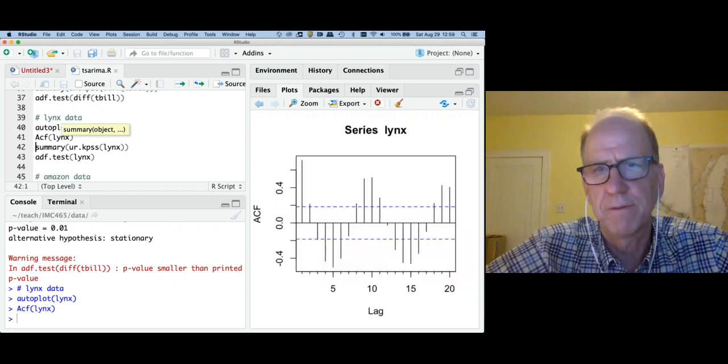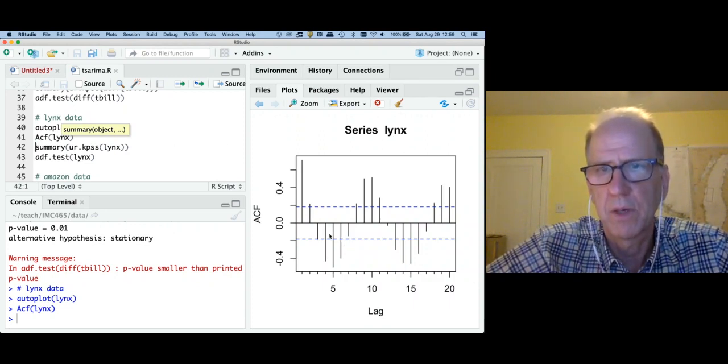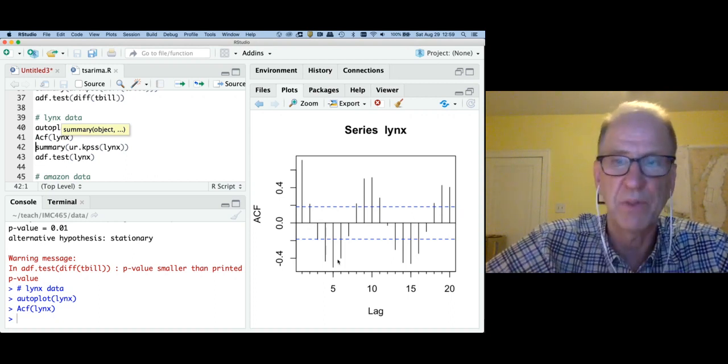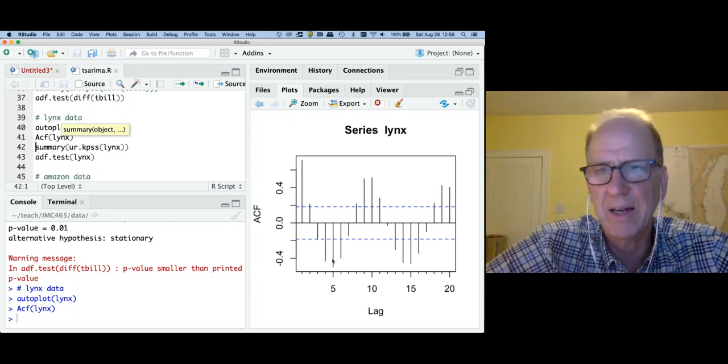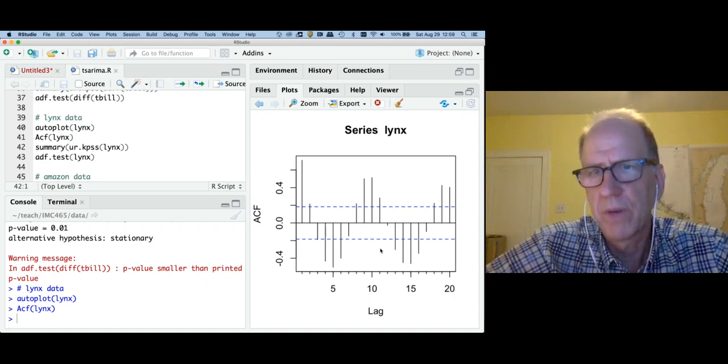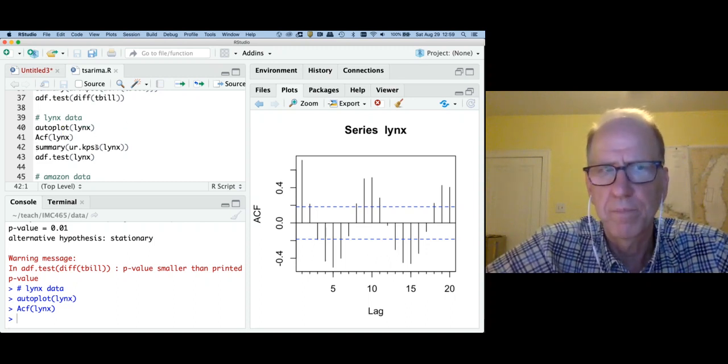We look at the ACF, we see a lot of significant autocorrelations. Initially, they're very correlated with each other, then they're negatively correlated. So if we look at the current period and 5 periods back, they tend to go in opposite directions. So here we have a very strong ACF.